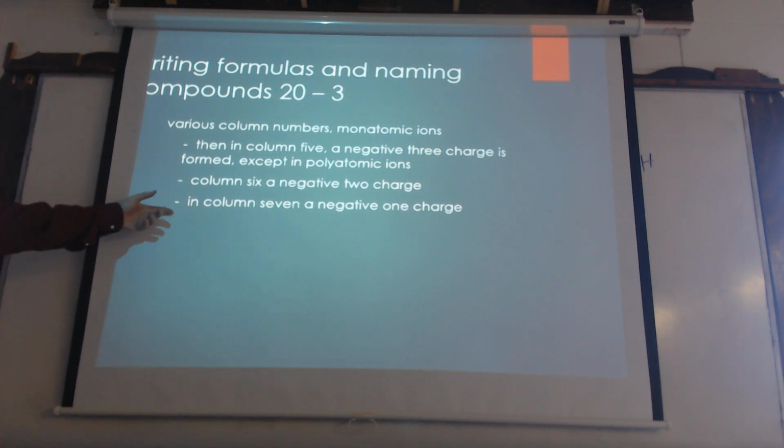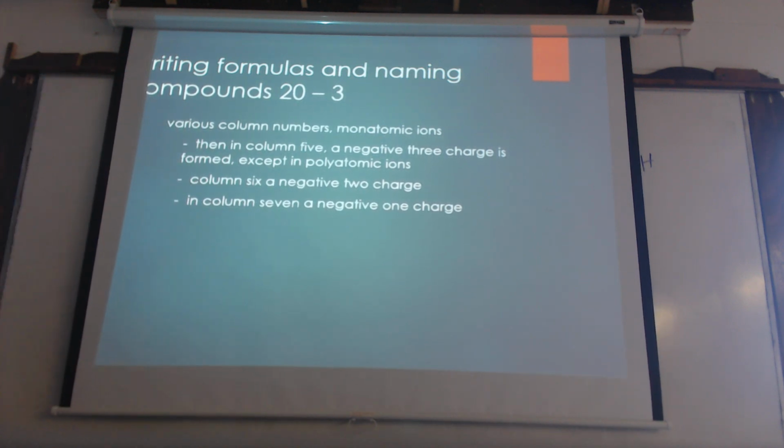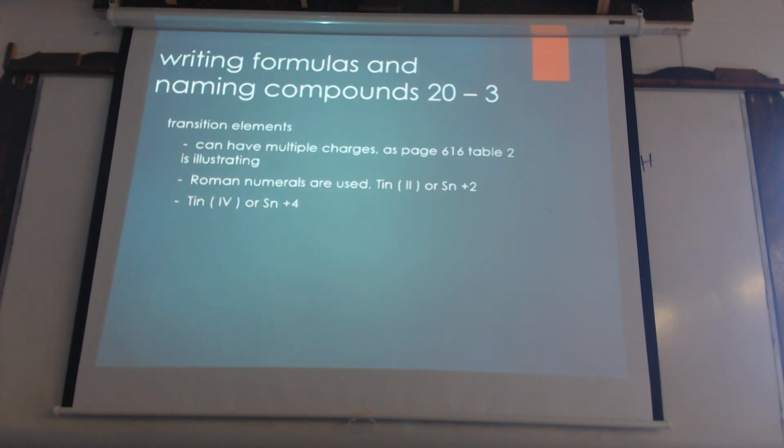Okay, what are these specifically called? Column 7. Those are your halogens. That's right, with the exception of astatine, or At. Okay, so transition elements, like what we just said: tin can be +2 or +4.